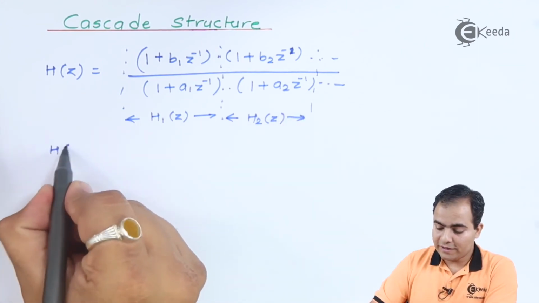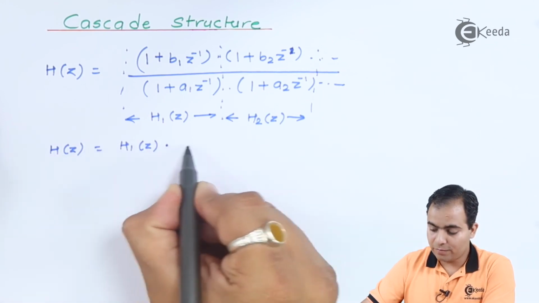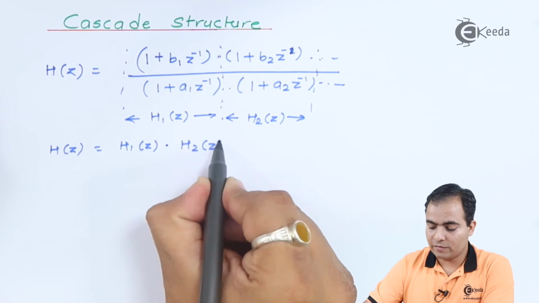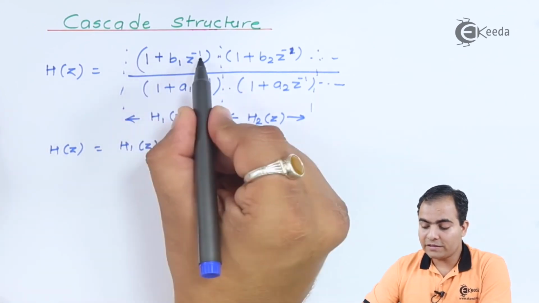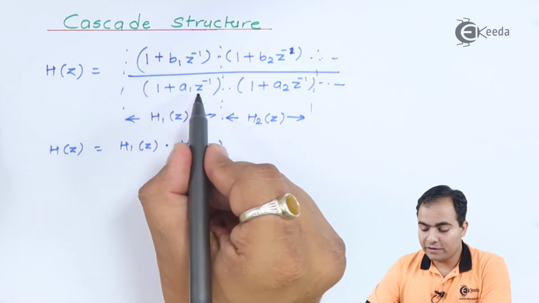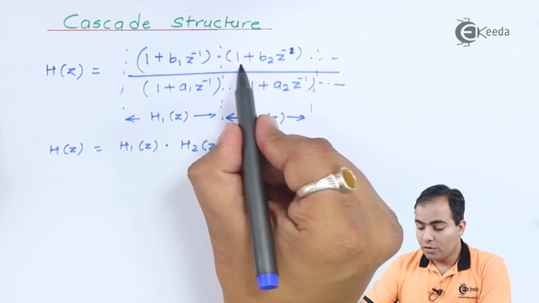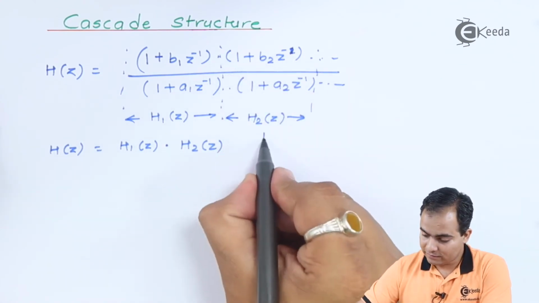So my h of z can be represented by h1 of z and h2 of z, a product basically. But what is h1 of z? H1 of z is nothing but 1 plus b1 z inverse in the numerator, and in the denominator we have 1 plus a1 into z inverse. And what is h2 of z? 1 plus b2 z inverse, and in the denominator 1 plus a2 z inverse.